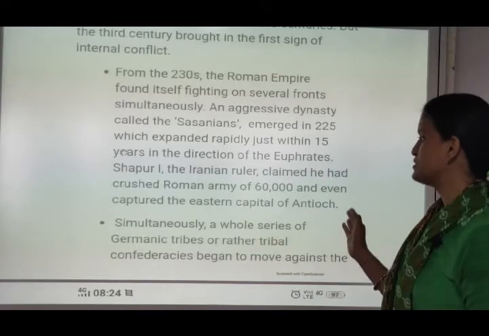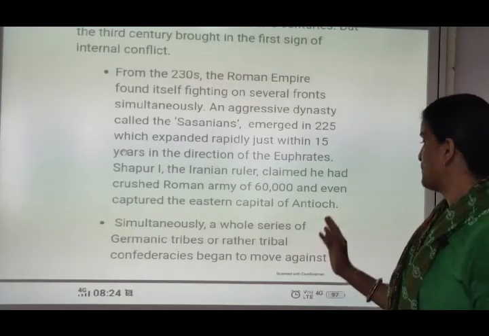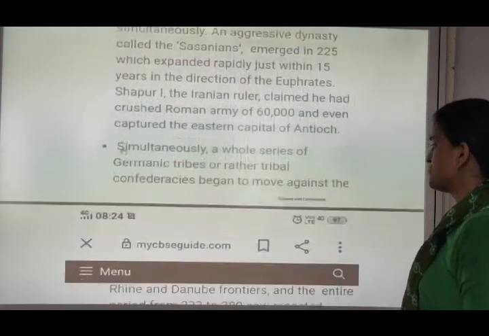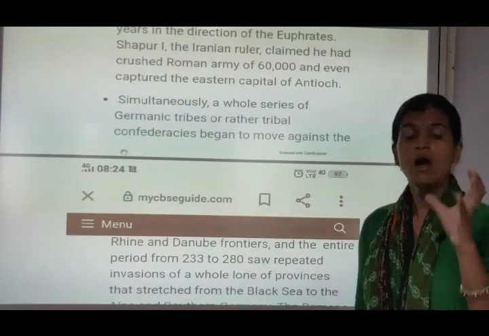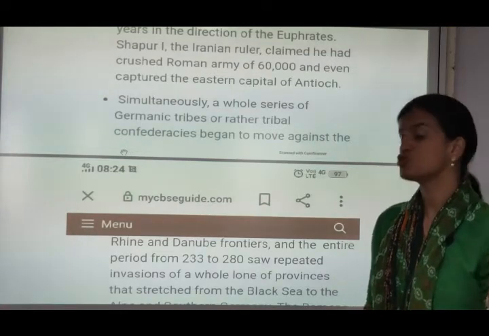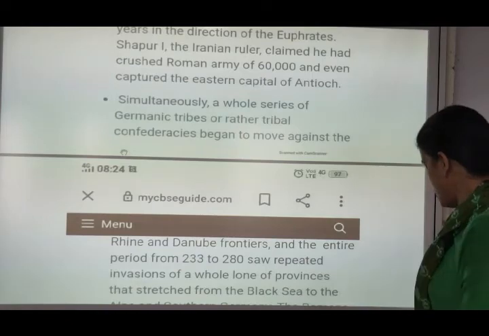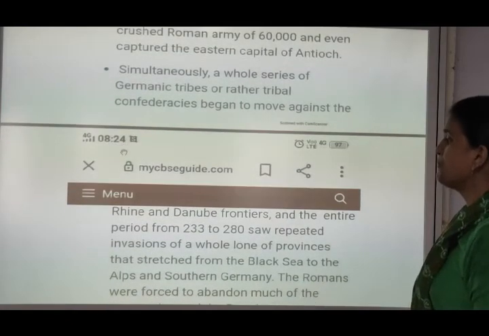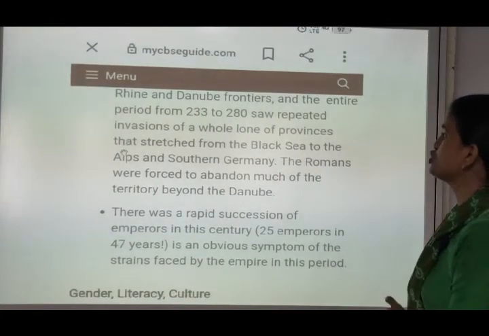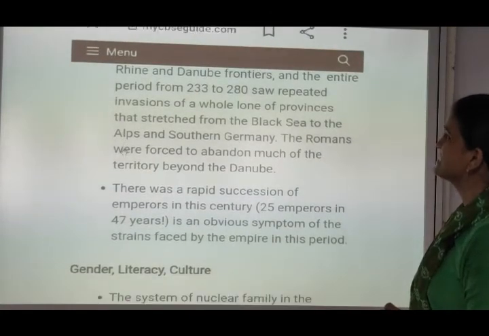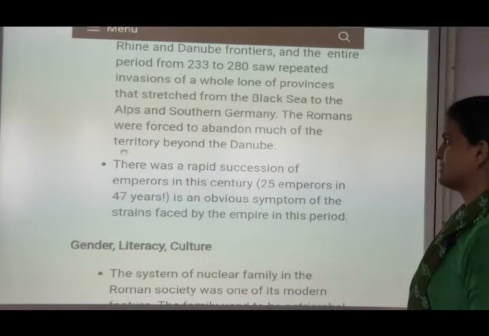Simultaneously, a whole series of Germanic tribes, or rather tribal confederacies, began to move against the Rhine and Danube frontiers. The entire period from 233 to 280 saw repeated invasions of a whole lot of provinces stretching from the Black Sea to the Alps and southern Germany.